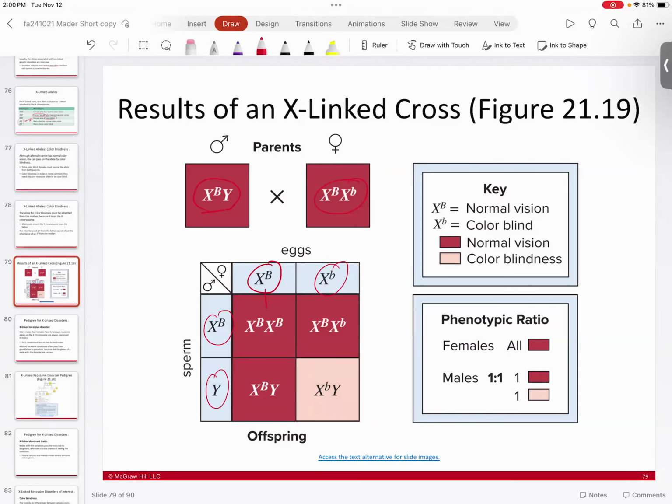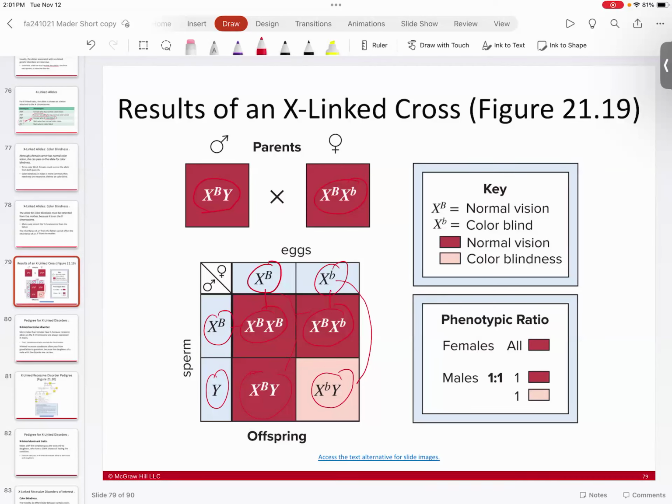What happens then is if you take this egg with this sperm, you're going to get a homozygous dominant, that is normal color vision, female. If you combine this egg with this sperm, you're going to get a heterozygous carrier female. If you combine this egg with this sperm, you're going to get a normal color vision male. And this egg with this sperm, you're going to have a colorblind male.